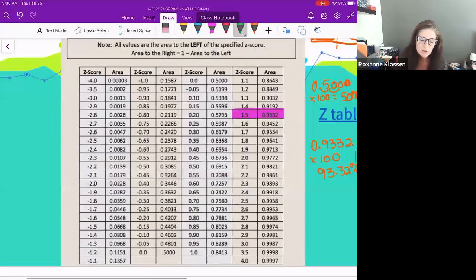When you get real small, it goes to 2 decimal places, as you can see right here. But my point is, if you looked up Z tables on the internet, you can have more specific Z tables than this. But this is the one we're going to use for this class. You can also find Z scores here on your calculator. Okay? Just so you know.